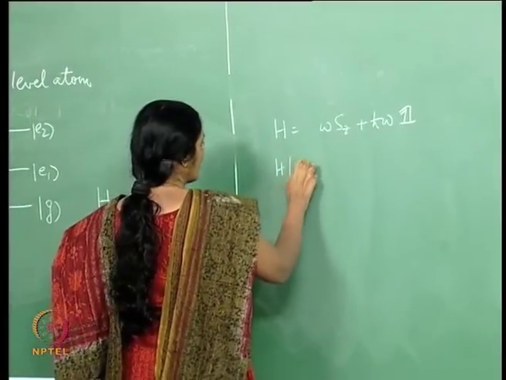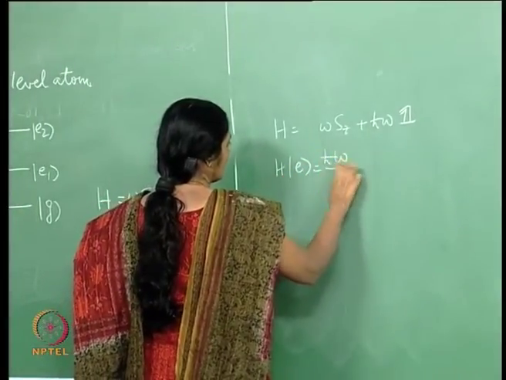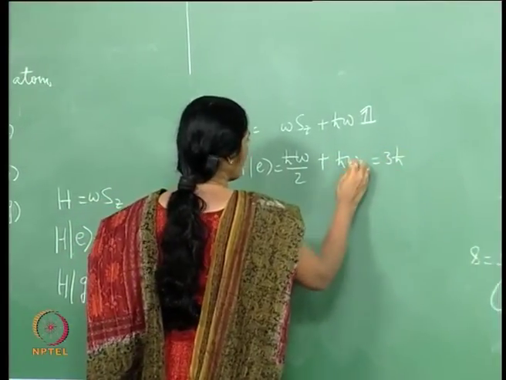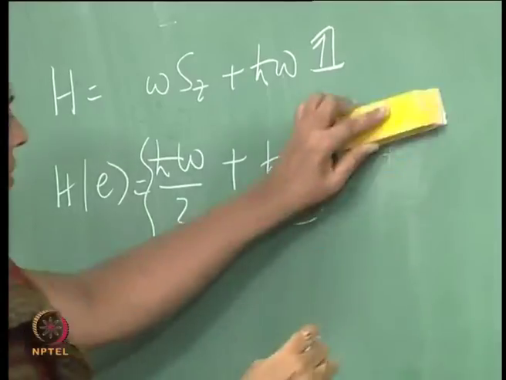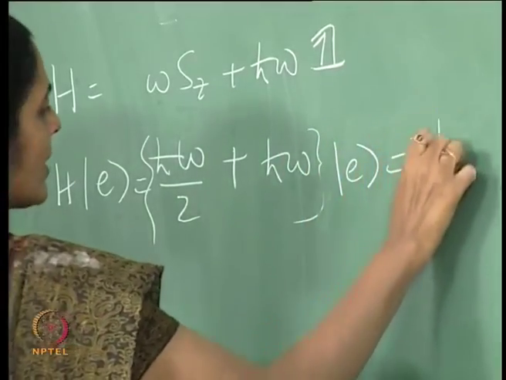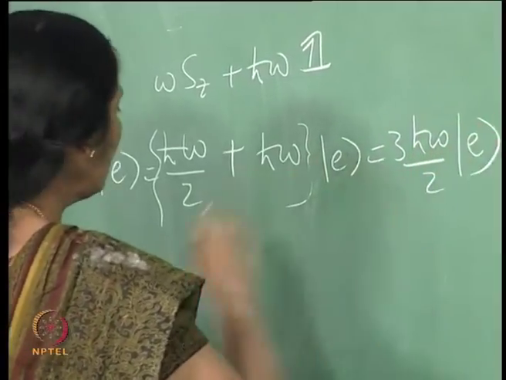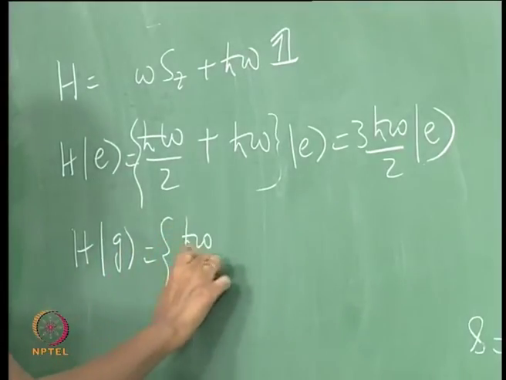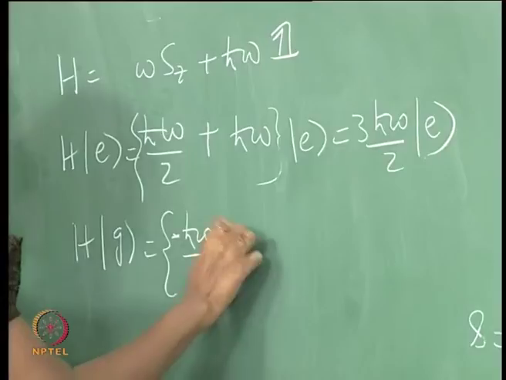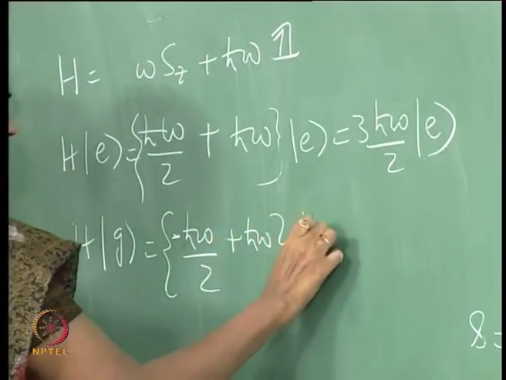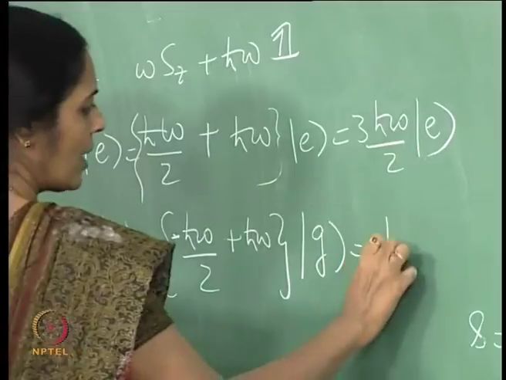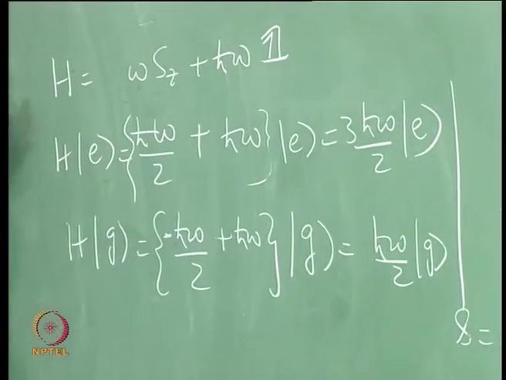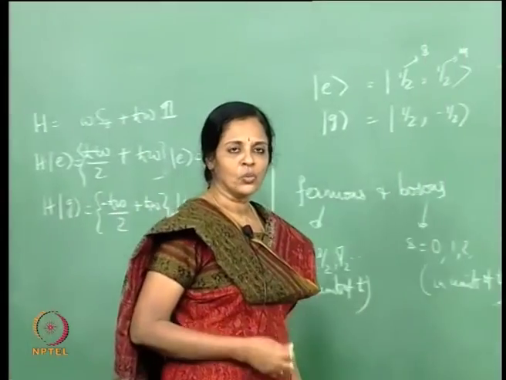In that case, it is clear that I pick up an extra h cross omega from here, and therefore I will have a net energy value 3h cross omega by 2 E for the excited state, and for the ground state I have h cross omega by 2 with a minus sign there plus h cross omega, and that is the same as h cross omega by 2 G, which is a positive quantity. So this is how I would construct the Hamiltonian for the 2-level atom.